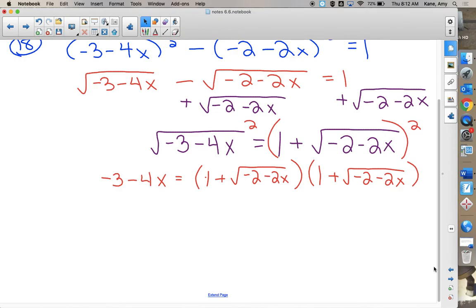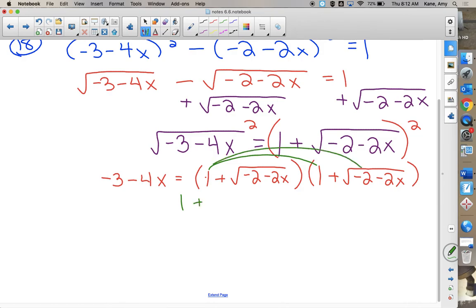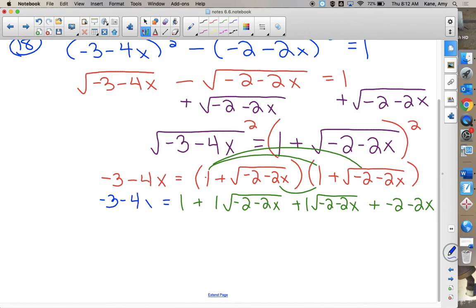You have to do it twice. Yes, you have to do 2. So you'll have to FOIL twice for this problem. So anytime there are 2 radicals, that means you've got to FOIL twice.